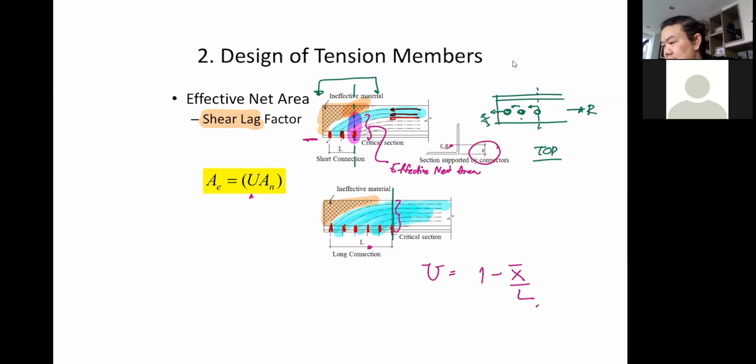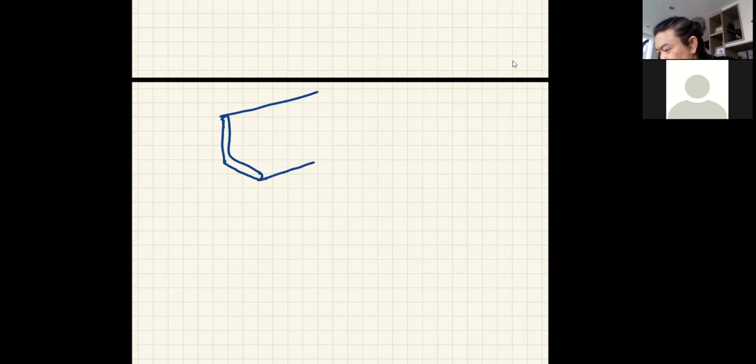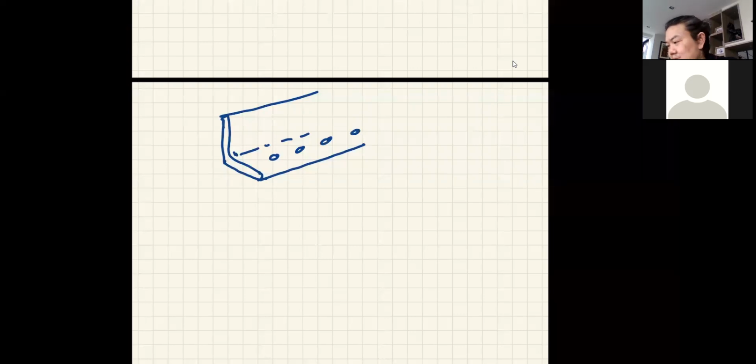Okay, I can draw this picture again so that you can see more clearly. This is the angle in that example, but I'm going to draw it in 3 dimensions. This is how it looks. We have an angle like this, and then you weld it on one leg.